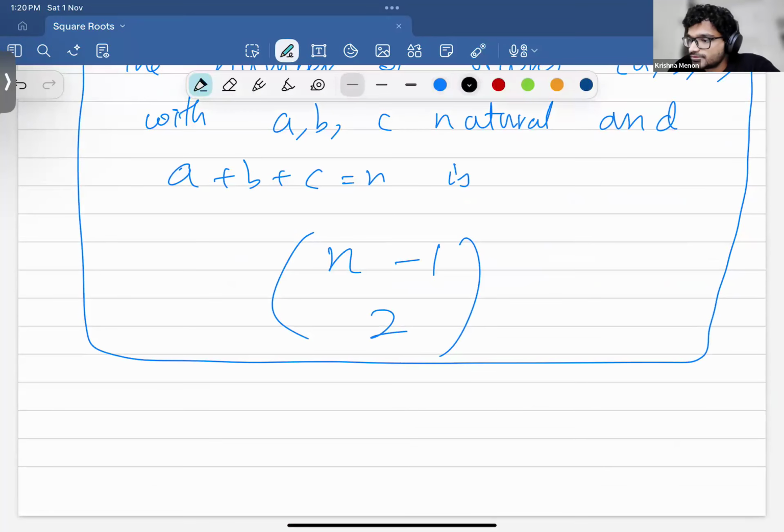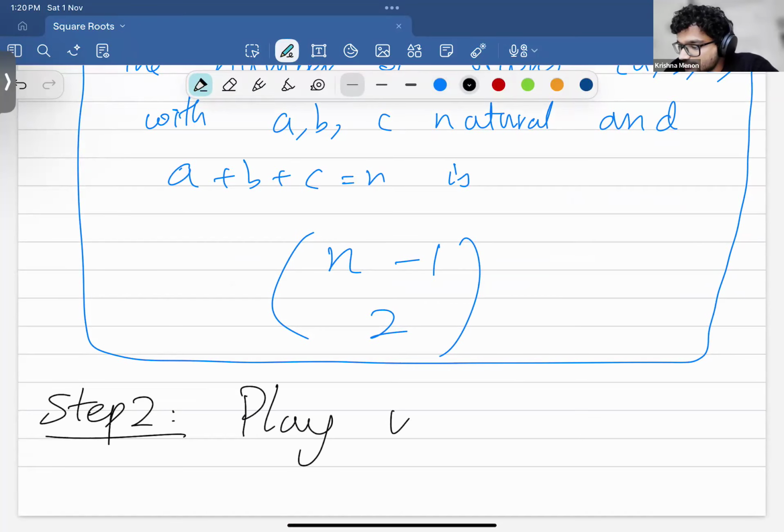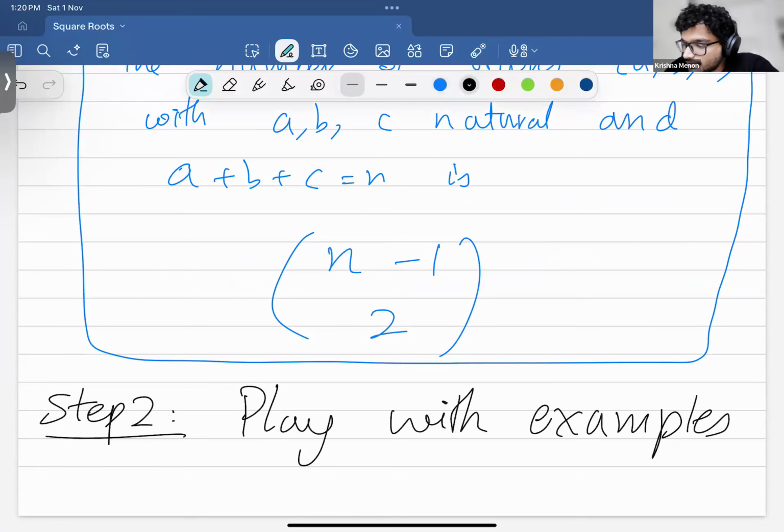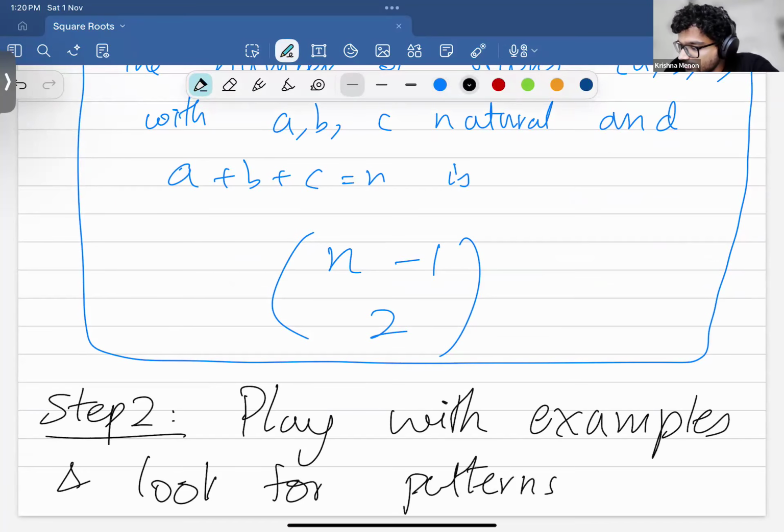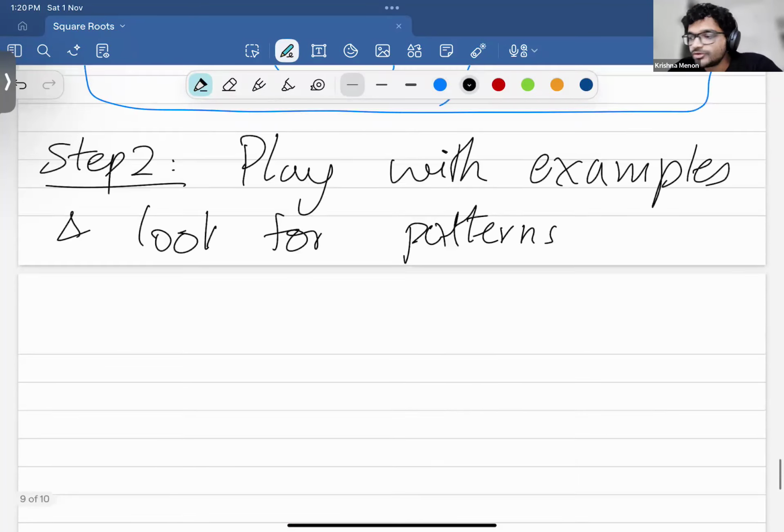So this I think is step 2. Play with examples and look for patterns. And of course, it will be great if you do find a pattern.